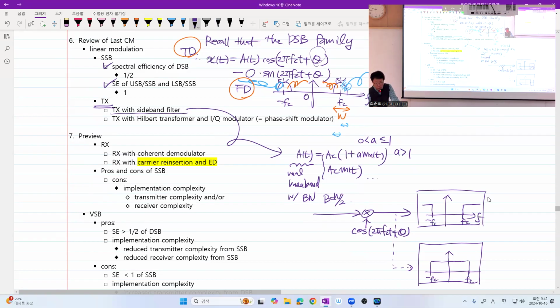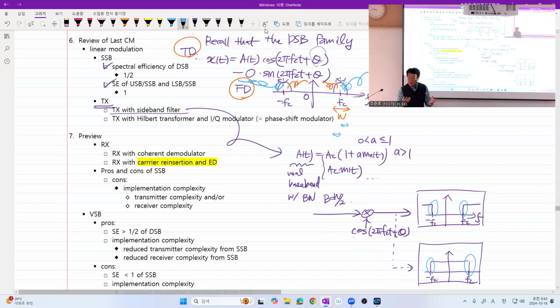As you know, this sharp edge is very costly. It's not impossible. It's possible if you have enough components, RLC components, and if you tolerate some approximation error, right?